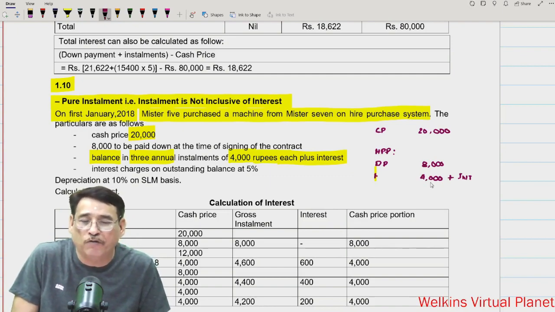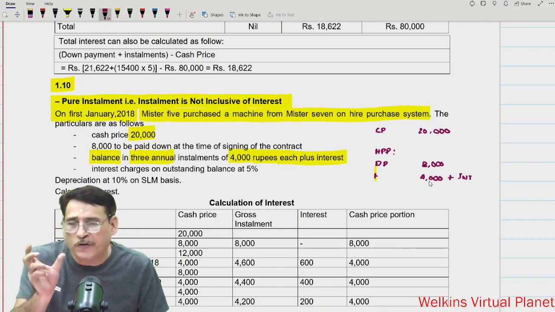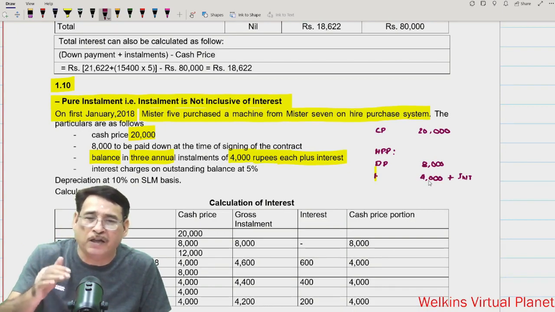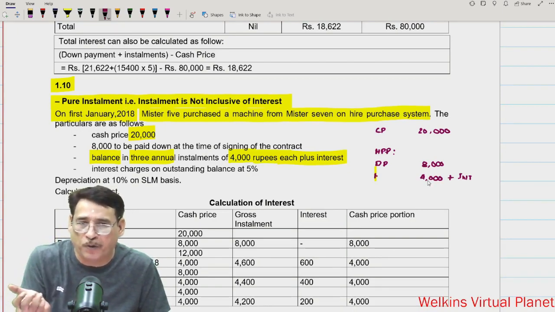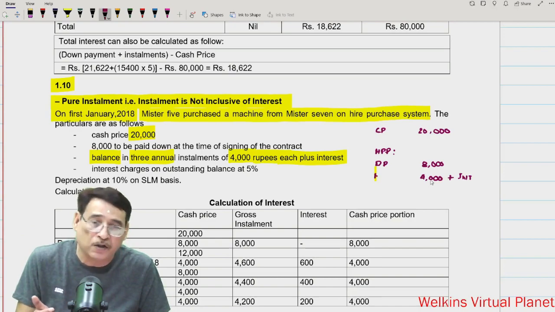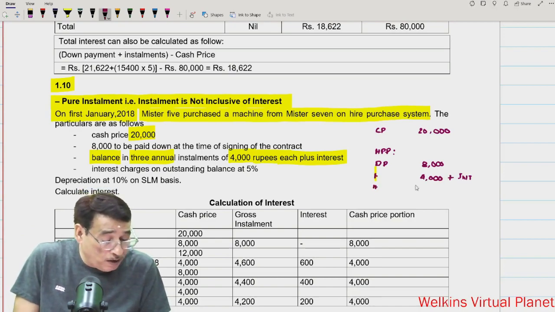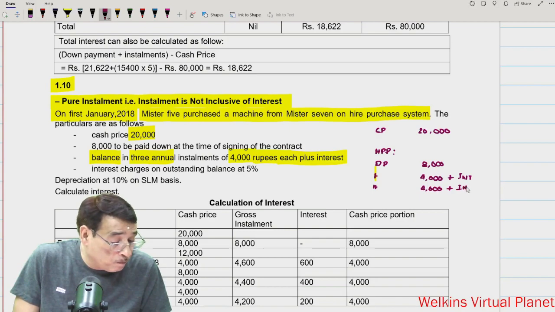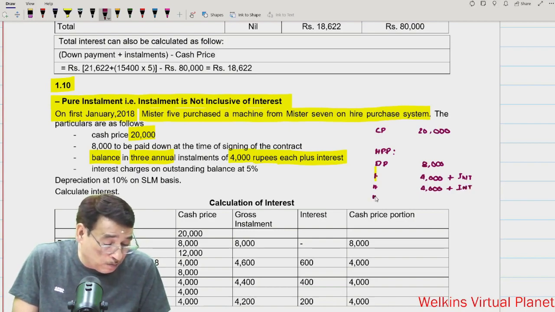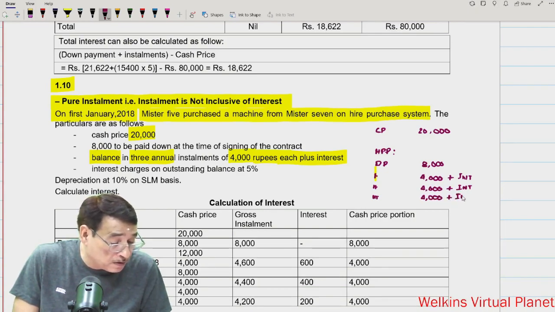So 4,000 we can say it is pure installment, and pure installment basically means the portion related to cash price. If I will add interest to it, then it will become gross installment. Similarly, your second installment is 4,000 plus interest. And similarly, your third installment is equal to 4,000 plus interest.